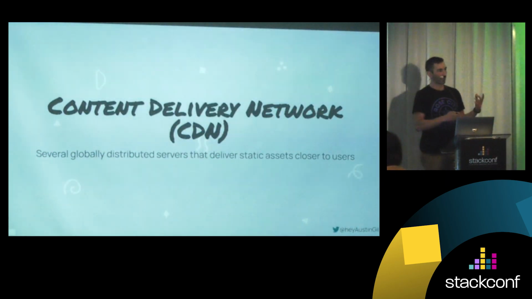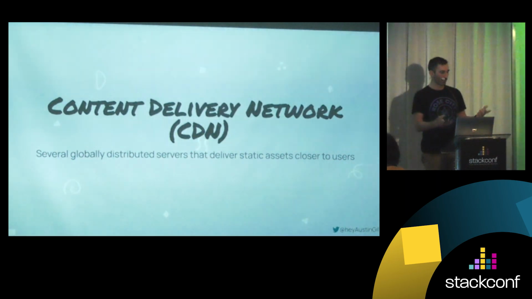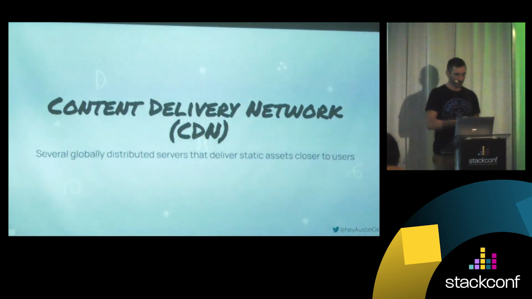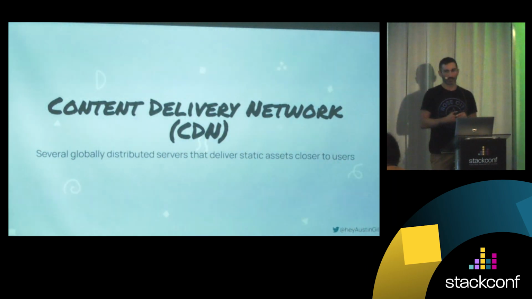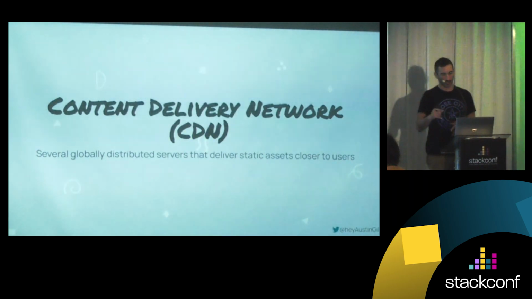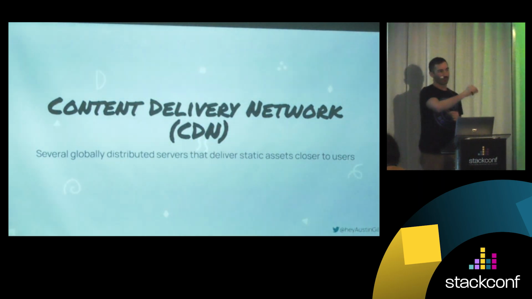And the most relevant example of edge when talking about the web is a content delivery network, or a CDN. So this is, once again, several globally distributed servers that deliver static content to users. And CDNs are awesome because if we have different users in Tokyo or Toledo or Topeka or Toronto, they can all receive static assets with the least amount of latency because we can have locations in that CDN in all of those cities.